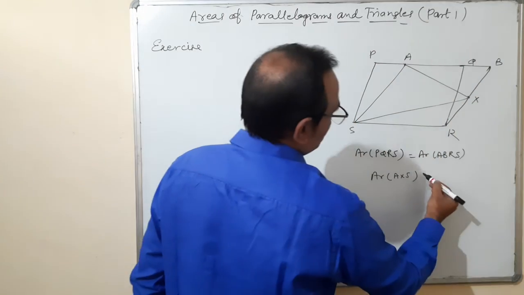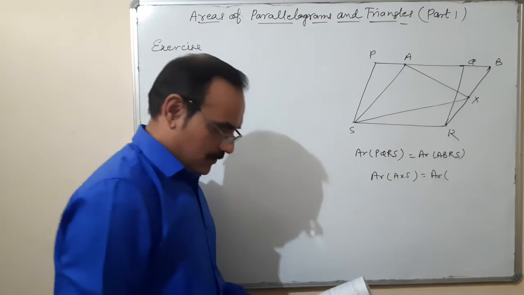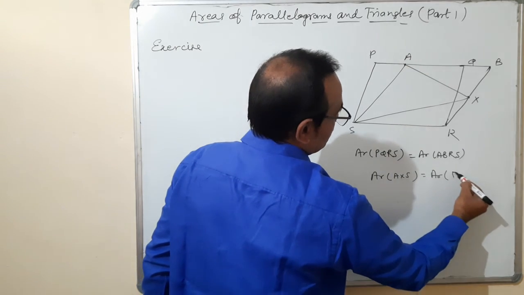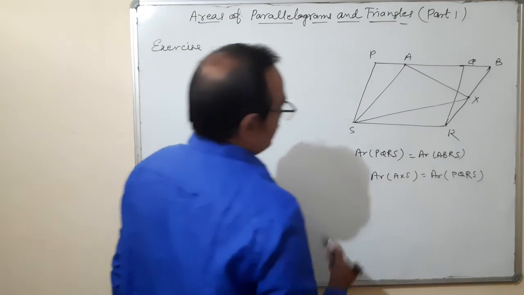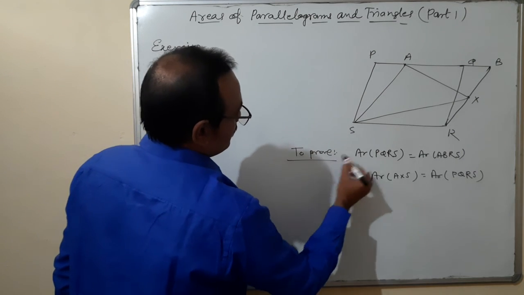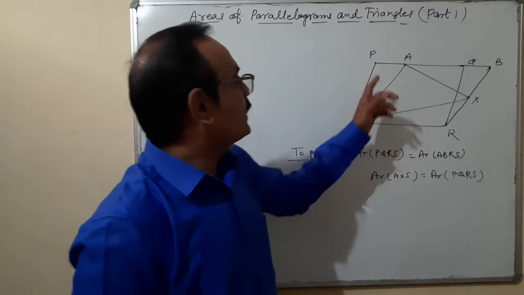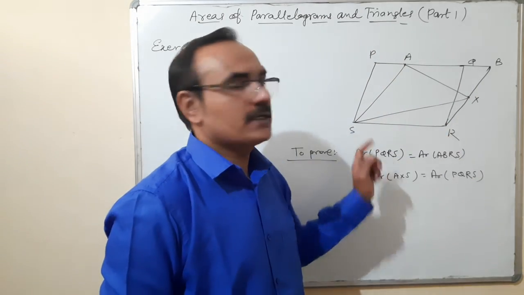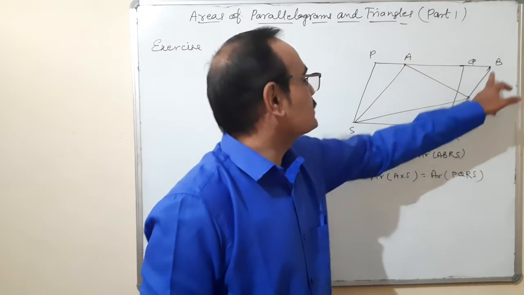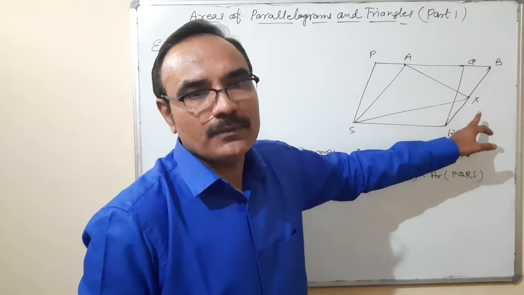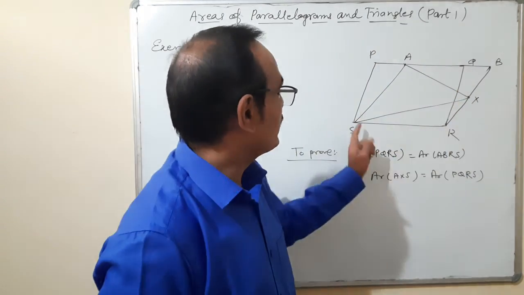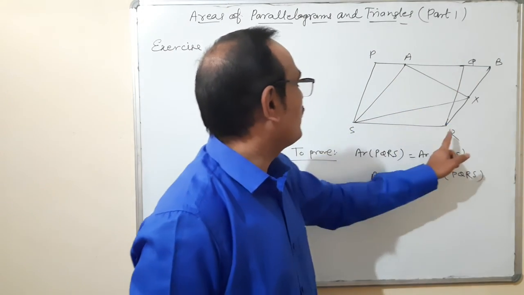Area of AXS is equal to half of area of PQRS. Okay, this we are going to prove. Question is clear, diagram is clear. One is PQRS and second is ABRS. There are two parallelograms, they are on the same base and between the same parallels. And one point X on BR. We are going to prove that area PQRS is equal to area of ABRS.